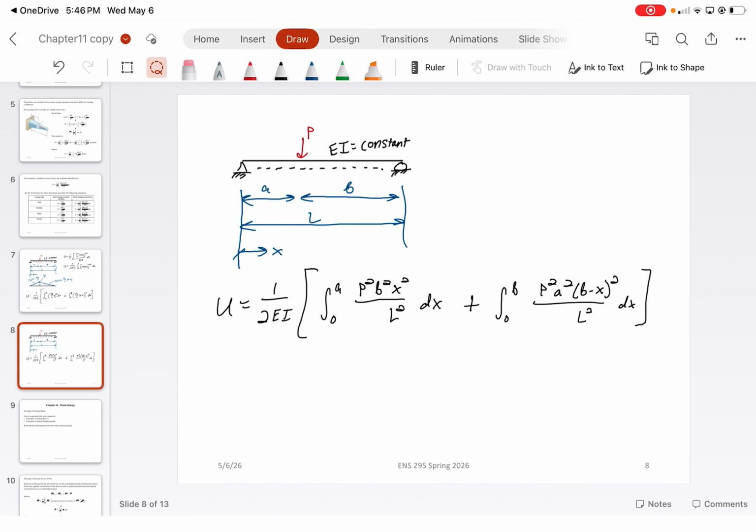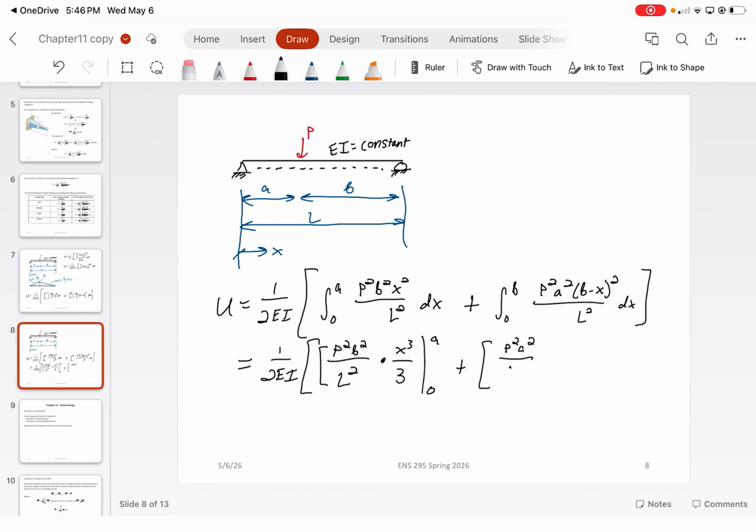All right, so then you would just solve for these integrals. So you get 1 over 2 EI. The first integral is just going to be p squared b squared over L squared times x cubed divided by 3, and that is bounded from 0 to a, plus p squared a squared divided by L squared times negative b minus x cubed divided by 3 from 0 to b.